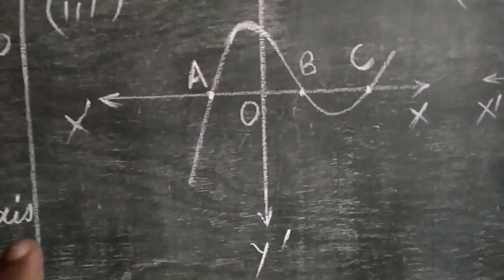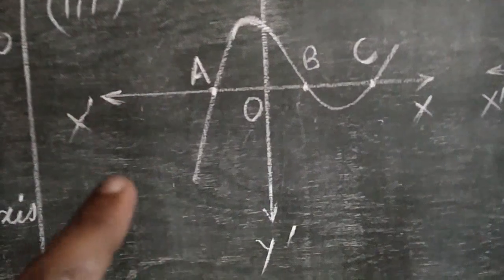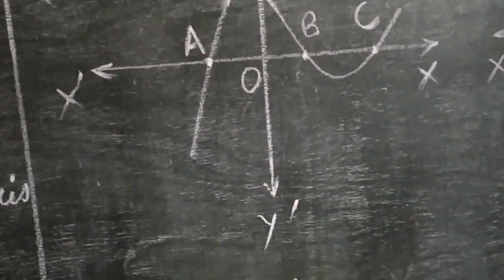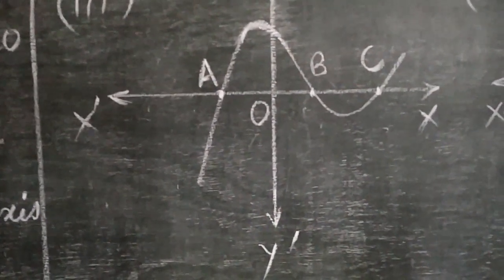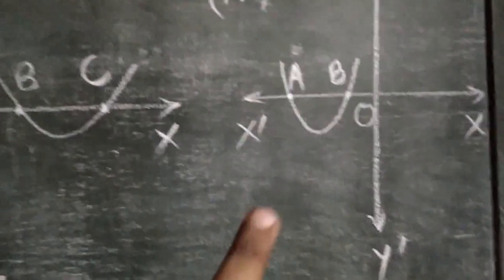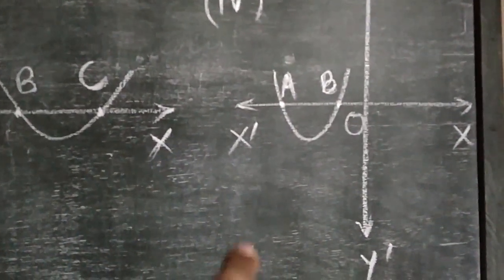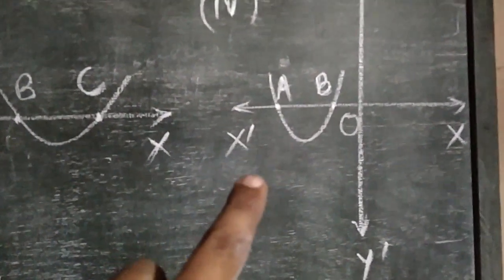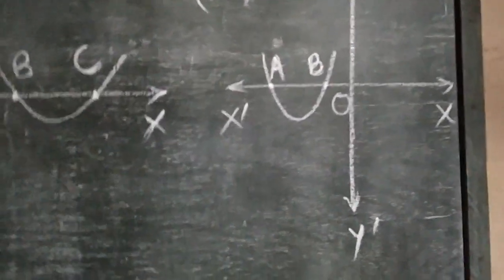In this curve, the curve of the polynomial intersects the x-axis at 3 points, A, B and C. So there will be 3 zeros of the polynomial. Now in the fourth example, the curve of the polynomial intersects the x-axis at 2 points A and B. So there will be 2 zeros of the polynomial.